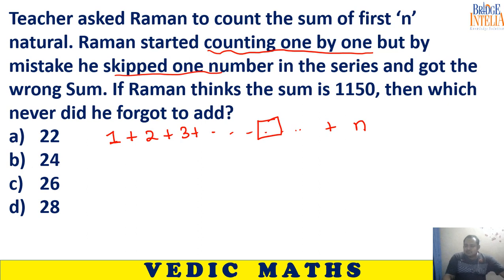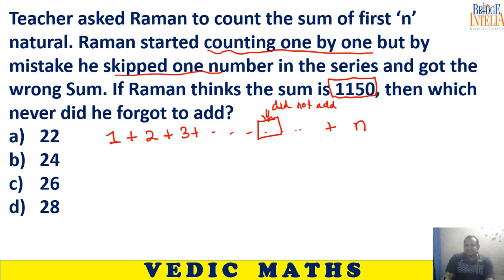Skipped means he did not add that number. If you do not add one single number, your answer is going to be wrong. So he got the wrong answer. What was that wrong answer? The wrong answer was 1150.